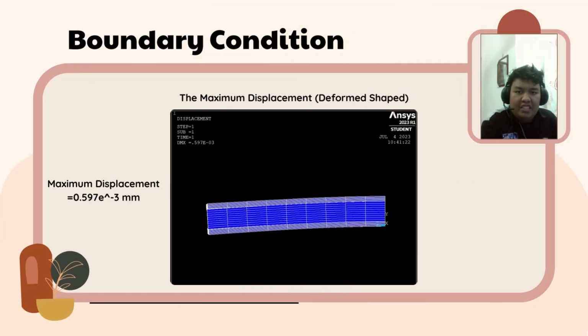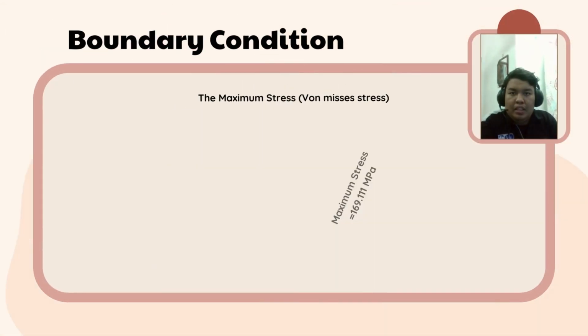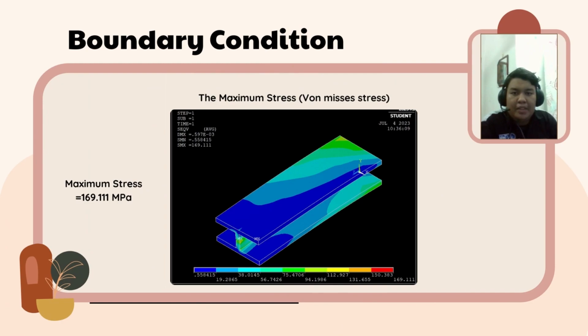The boundary condition. The first observation is the maximum displacement, which is the deformed shape. The maximum displacement of the beam is 0.597 exponent negative 3. The second observation is the maximum stress, which is von Mises stress.